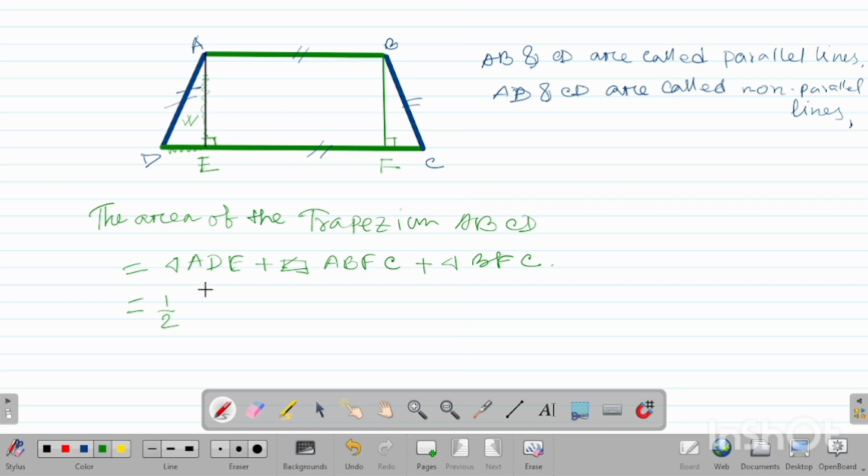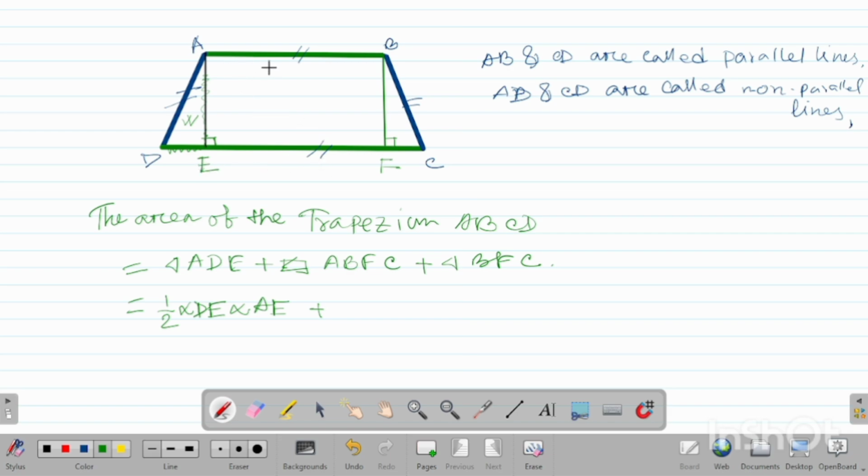That means half of base DE multiplied by height AE, plus, you also know that a quadrilateral whose four angles are 90 degrees, you will find the area by multiplying its length and width.